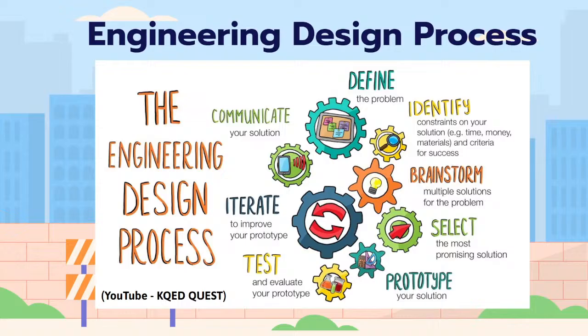And the next step is to identify the constraints, or the different requirements in our solution, like time. Maybe you need to make the dam done in 2 months or 3 months. So time is such a huge constraint, or a huge requirement that we need to follow. Another one is money, like the budget. We want to make sure that our solutions are both efficient and effective.